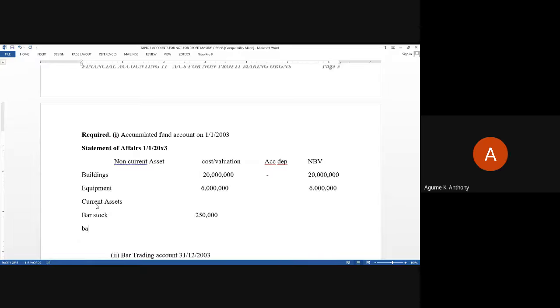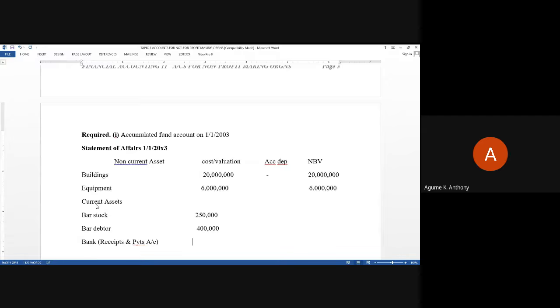Then I have bar debtors. Bar debtors, this is 400. Then I have bank. And of course, I will check this within the receipts and payments account.